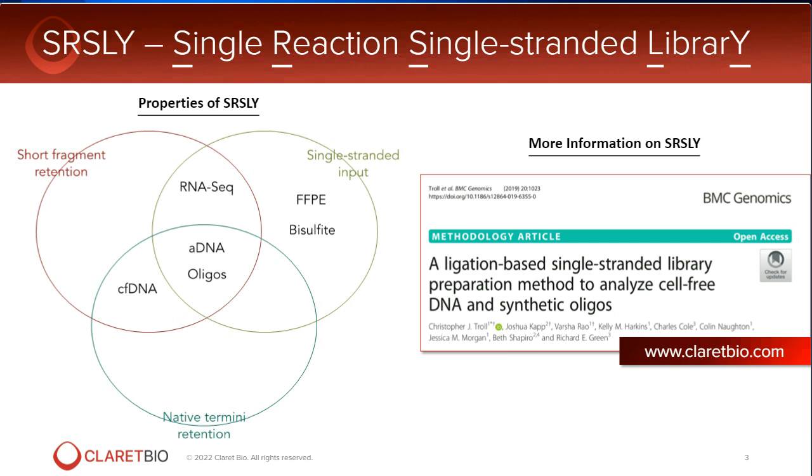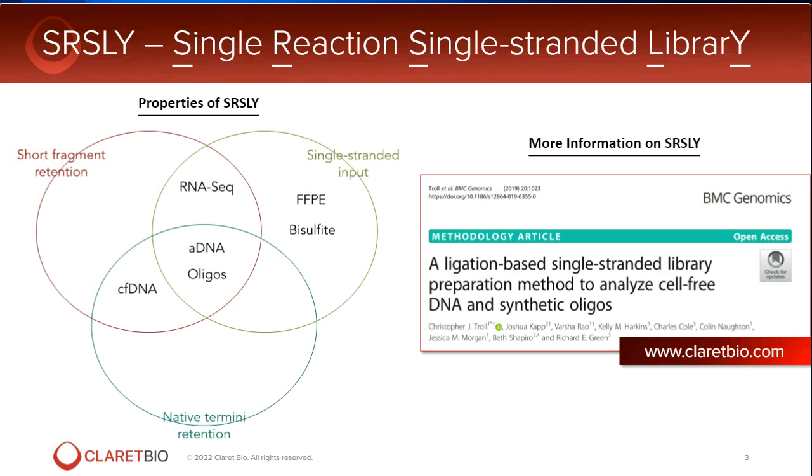The primary way Claret Bioscience aids researchers in getting the most out of their worst samples is through our flagship product, which is our SRSLY Next Generation Sequencing Library Prep Kit. SRSLY stands for Single Reaction, Single-Stranded Library. The way SRSLY helps researchers extract the most data from their most degraded samples is because it has a few unique properties being a single-stranded library prep kit.